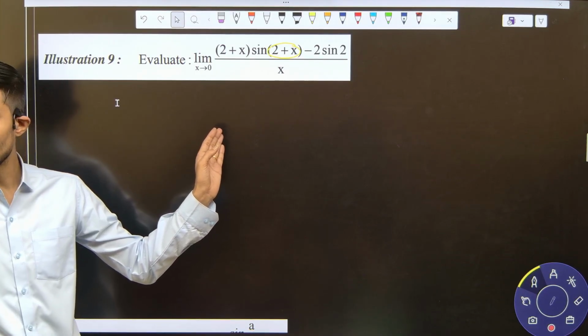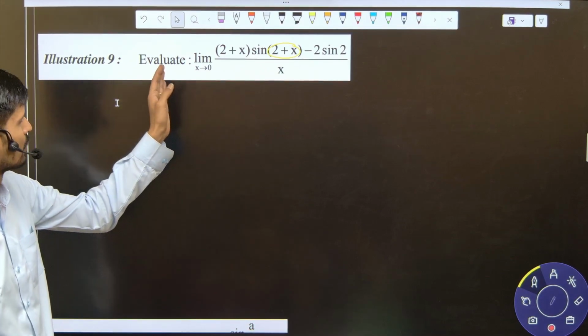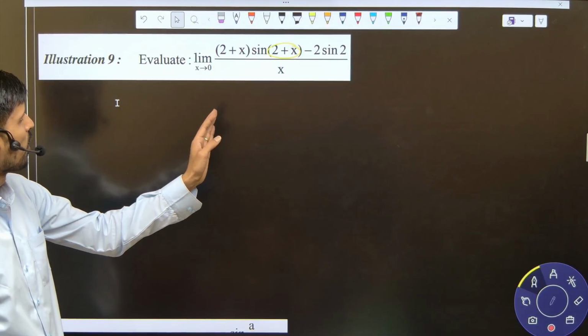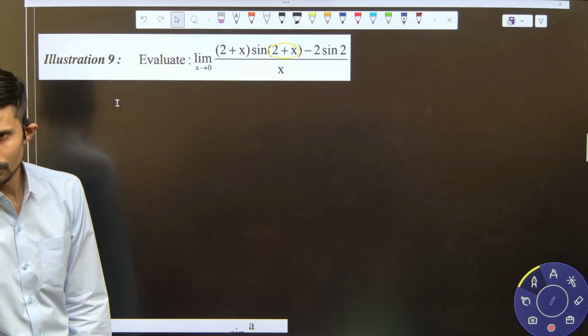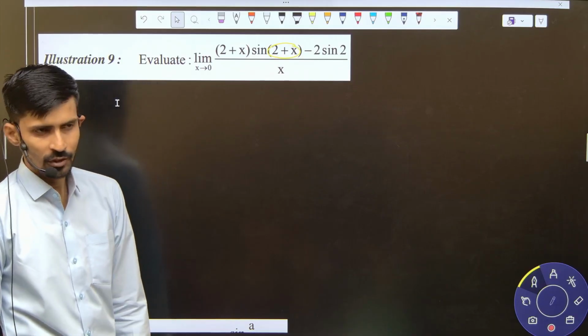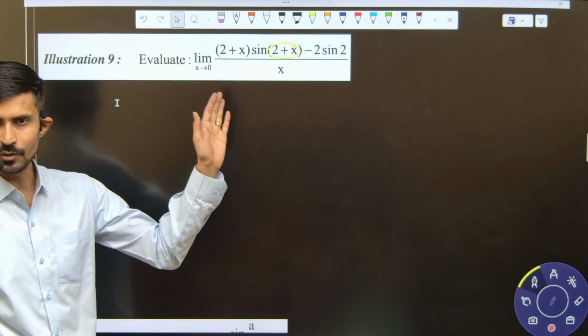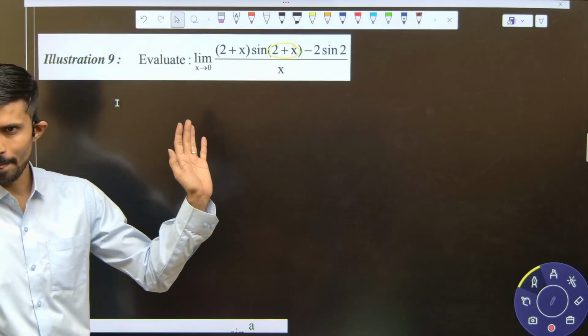You want to see what the direct answer will be? Sine 2 plus 3 cos 2. Okay. But we don't know differentiability, that's why this question for now is tough. It is looking very abnormal.